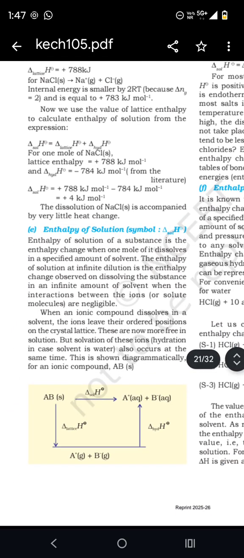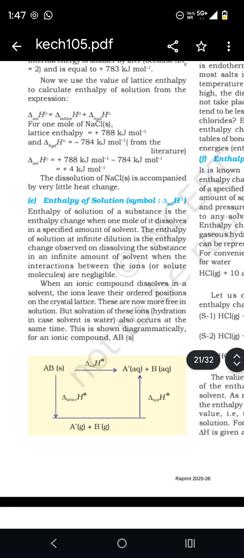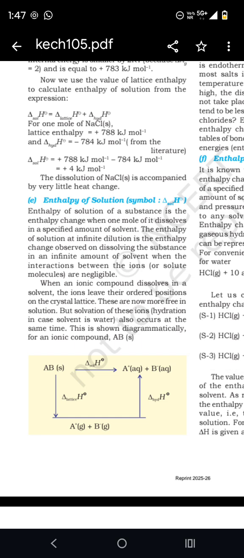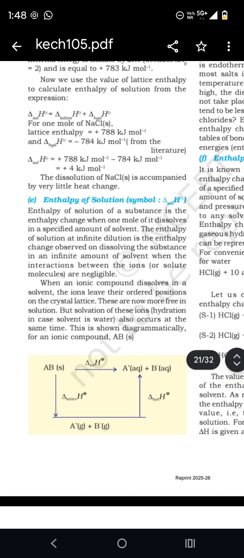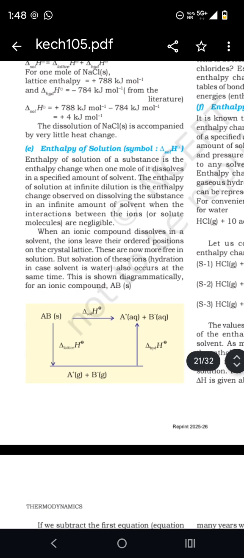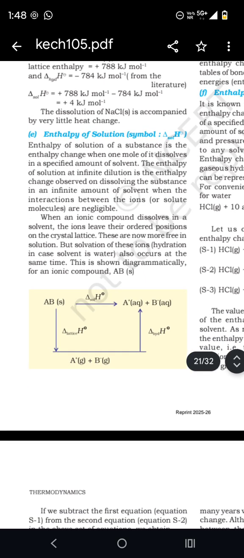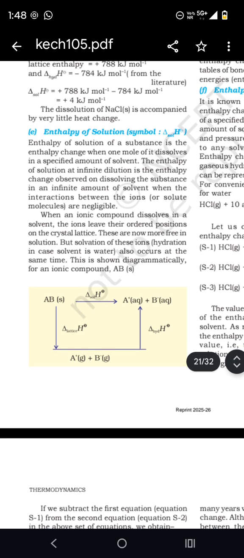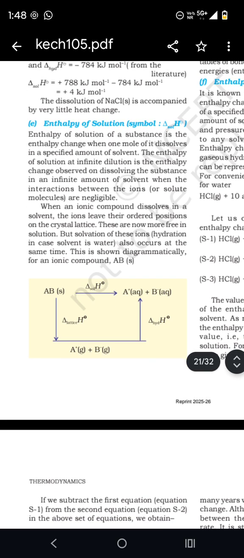Enthalpy of solution. The enthalpy of solution of a substance is the enthalpy change when one mole of it is dissolved in a specified amount of solvent. The enthalpy of solution at infinite dilution is the enthalpy change observed on dissolving the substance in an infinite amount of solvent, when the interactions between the ions are negligible.